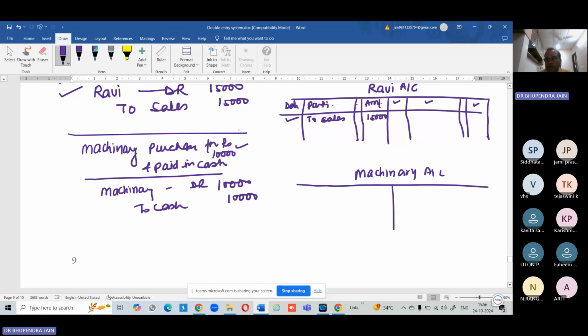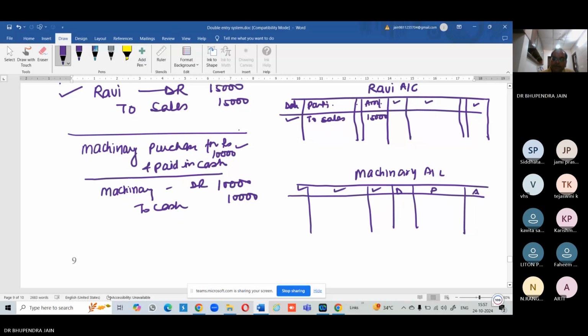How to prepare machinery account? ये क्या भाई? Date, particular, amount. The machinery is given in the debit side. So post the entry in the debit side in the account of machinery with the opposite side name.